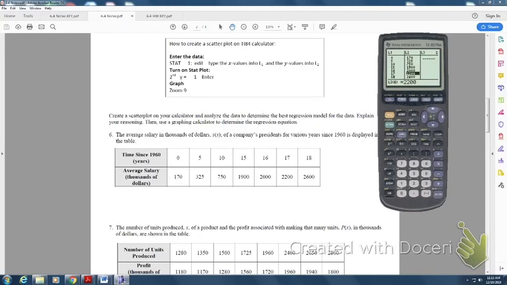Instructions on how to turn the scatter plot on, they're right here, but I'm going to show you a different way to do it. I mean, that way will work.